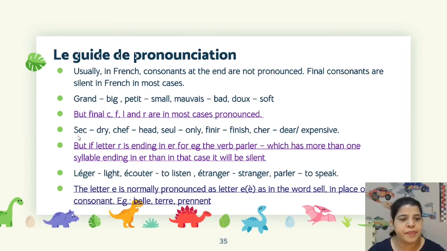Sec, chef. The letter F, which is final, is pronounced. The letter C, which is final, is pronounced. Seul. The letter L, again a consonant, is pronounced.